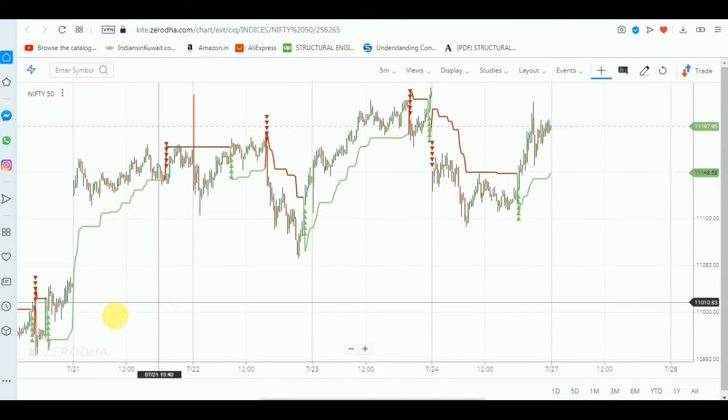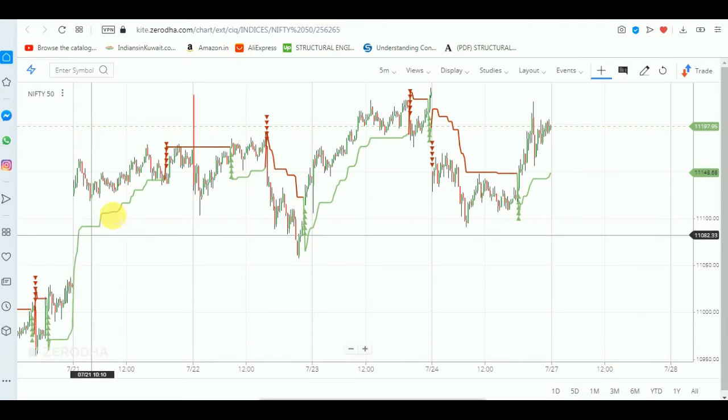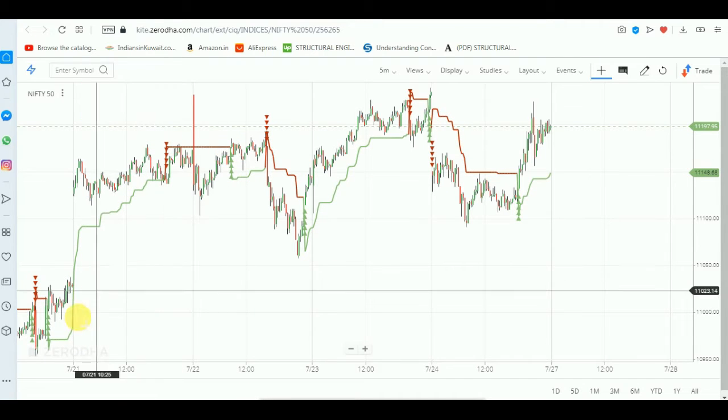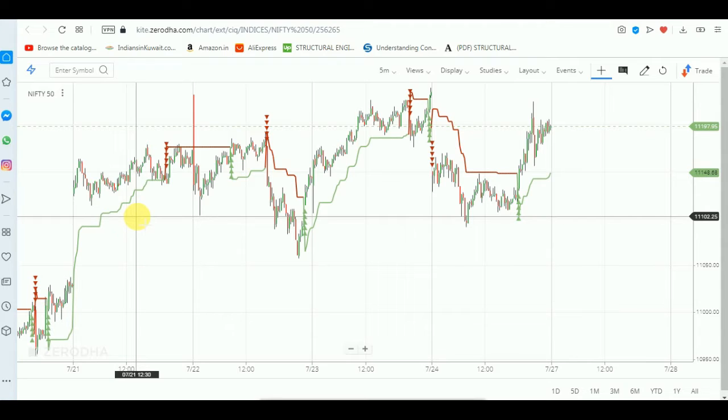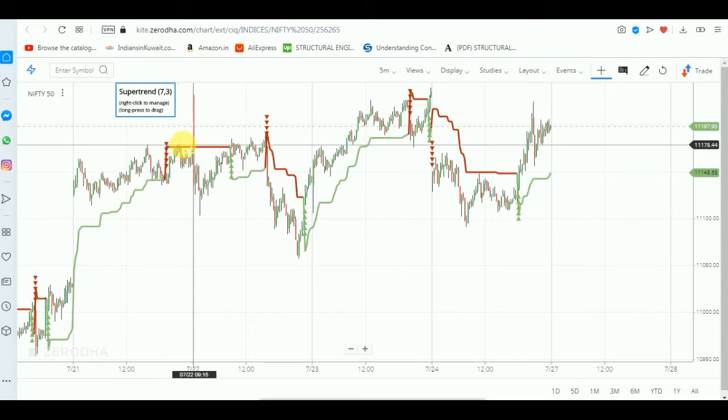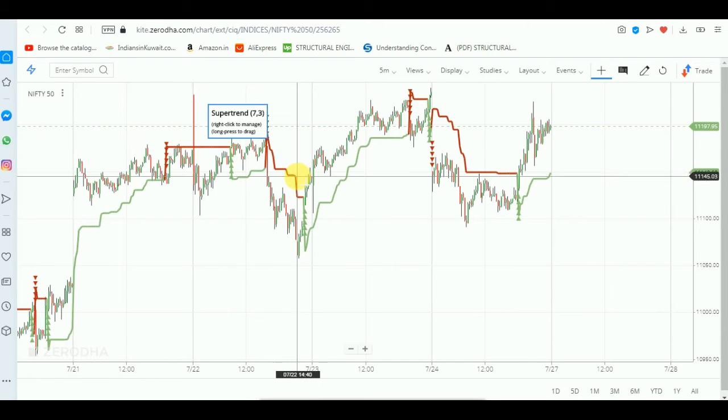Now you can see some lines in green and red. The green lines indicate that the market is bullish, and the red lines indicate that the market is in a downtrend, like bearish.